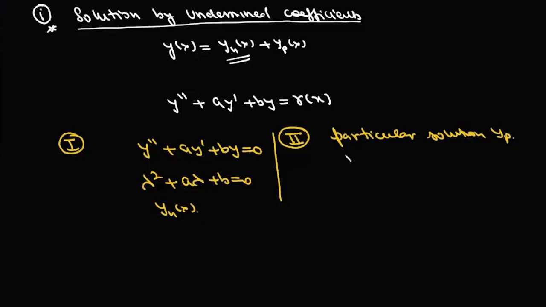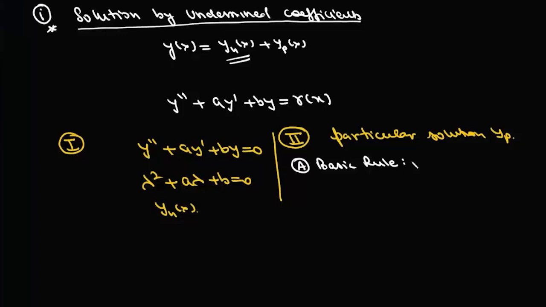Now to find this particular solution, there are basically 3 rules, and the first one is called the basic rule. In the basic rule, we have a table, and in this table we have some function r(x), with some special cases of r(x), and against each case we are given a choice of yp.